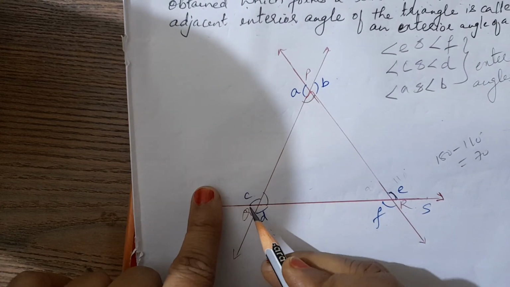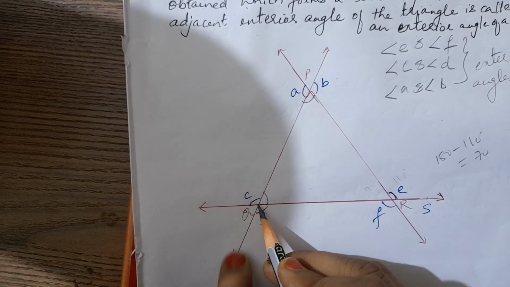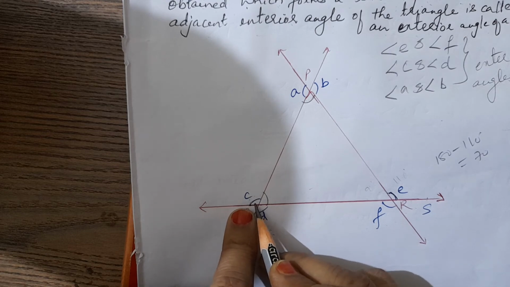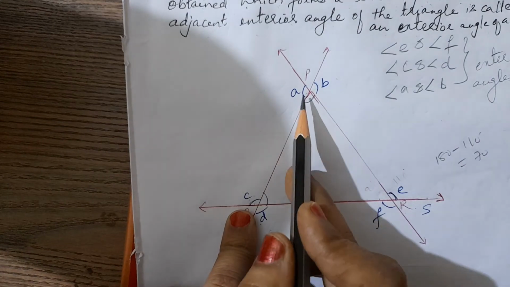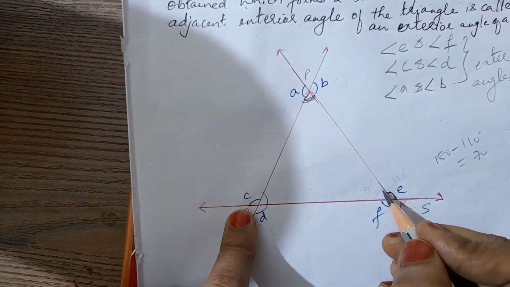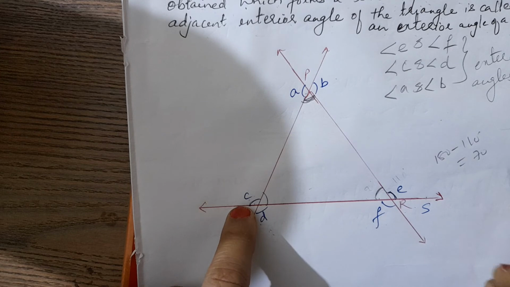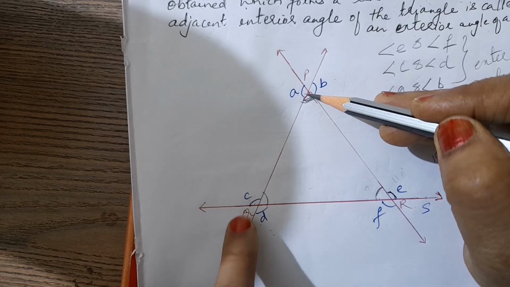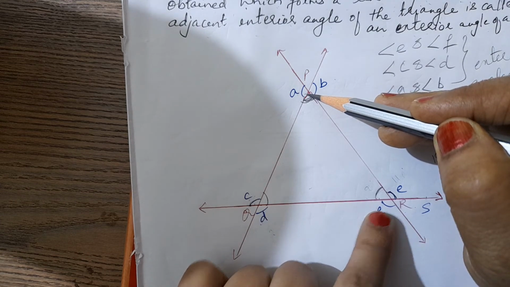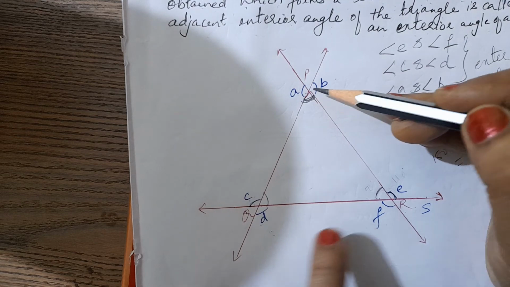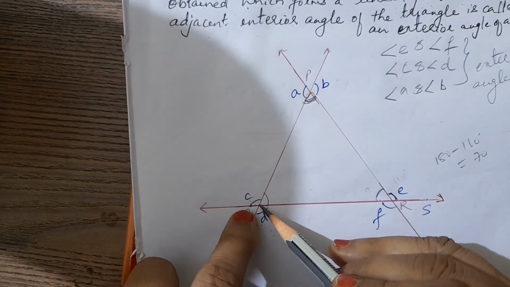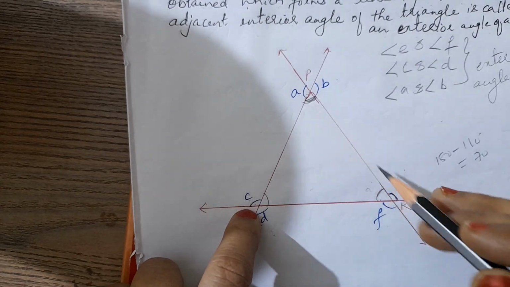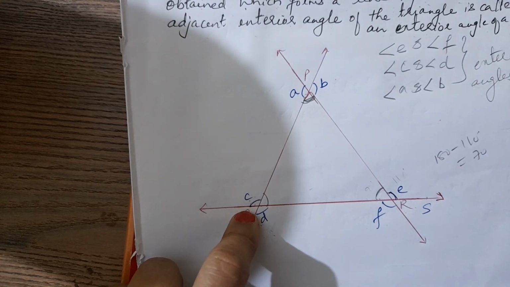Now if you consider this exterior angle at vertex C, the remote interior angles will be angle P and angle R. Similarly, for the exterior angle at vertex Q, angle Q and angle R will be the remote interior angles. That means children, you have to leave the vertex at which you are considering the exterior angle. The remaining two angles of the triangle become the remote interior angles.